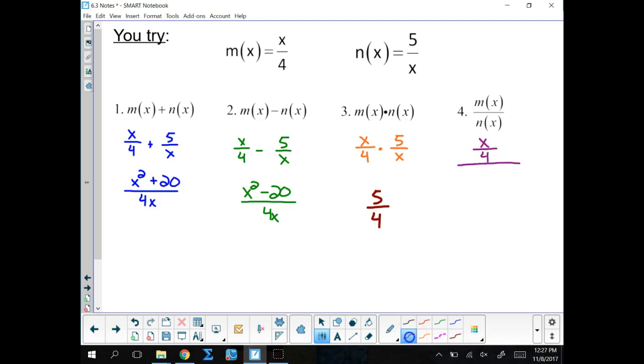x over 4 divided by 5 over x is x over 4 times x over 5, which then is x squared over 20.